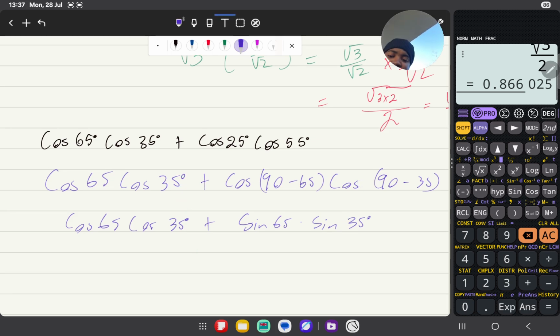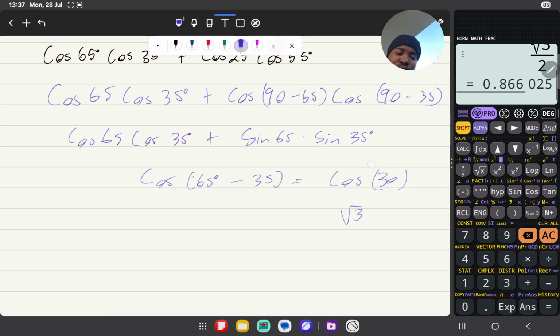We do the math here, it's still cos sine, so from cos it's going to be cos 65, it's a plus, so you have a minus 35, which gives you a positive cos 30, which gives you square root of 3 over 2.